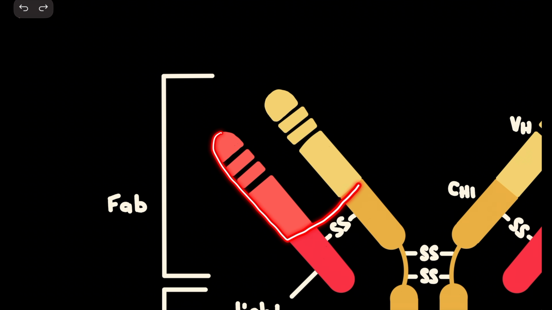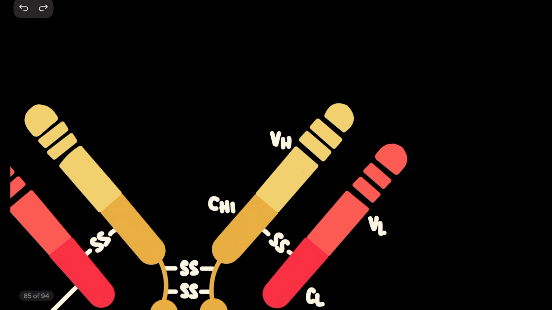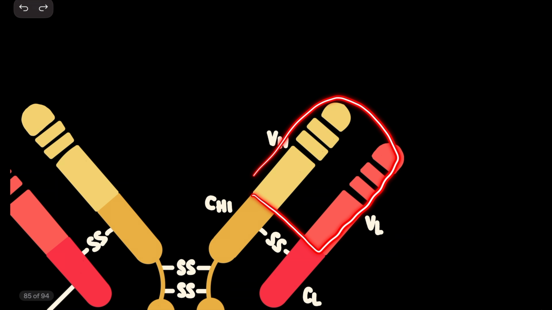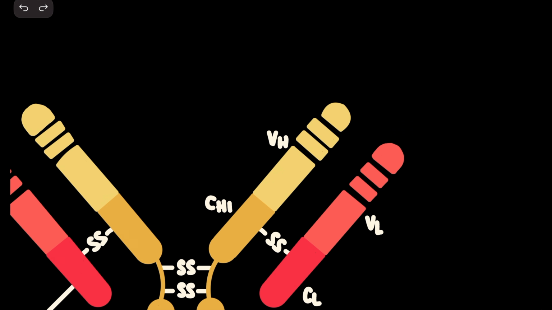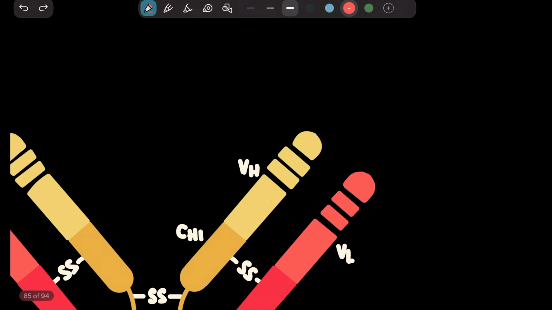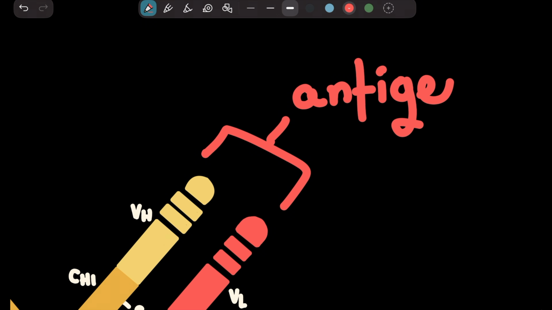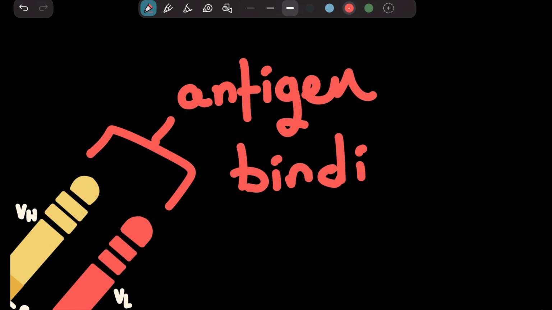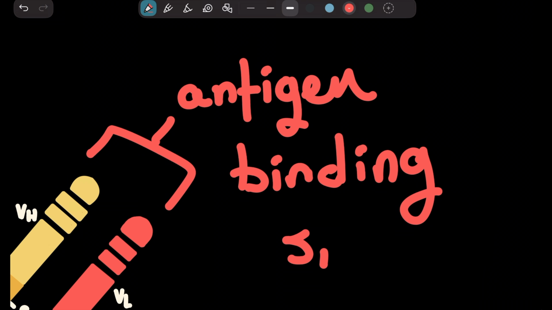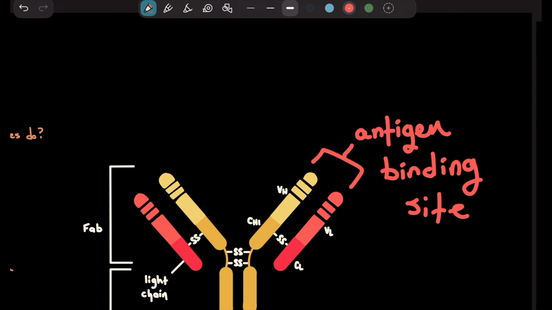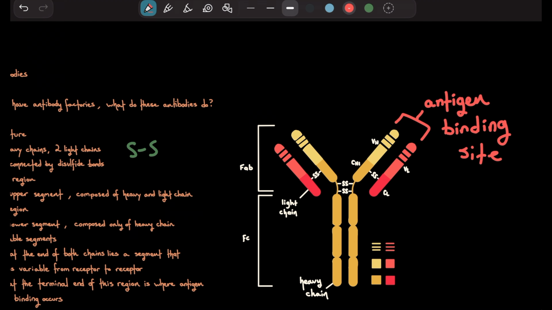This region here and this region here, that is the variable region. This is really, really crucial for antigen binding. All right, so that's where it happens.